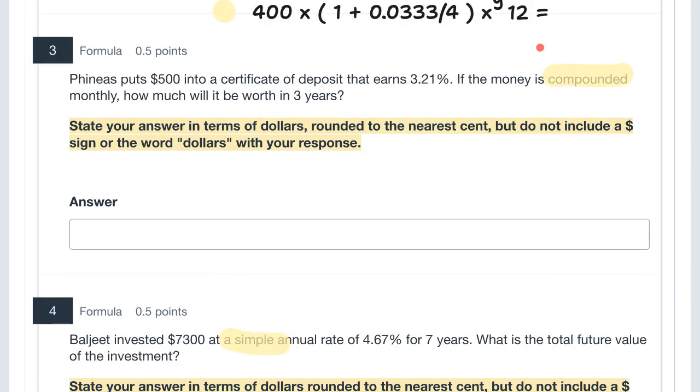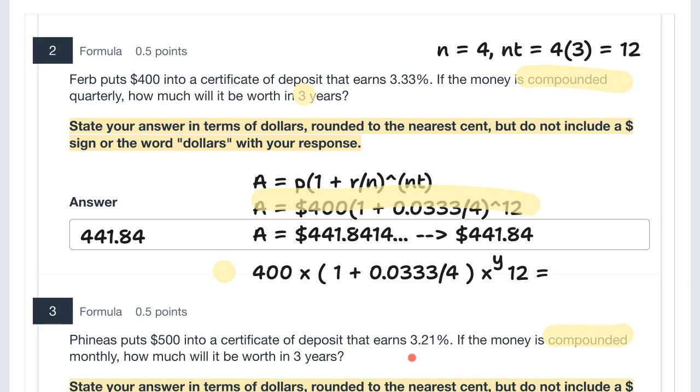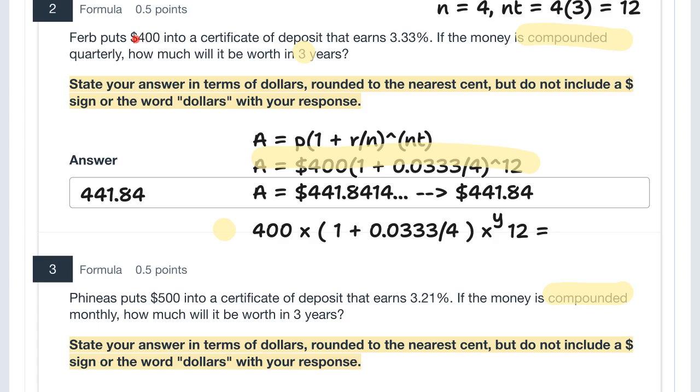Here's Phineas's deposit. So this is almost the exact same problem. In fact, this is pretty much the same problem. Phineas invested $500. In this case, it's compounded monthly, which is a big difference.